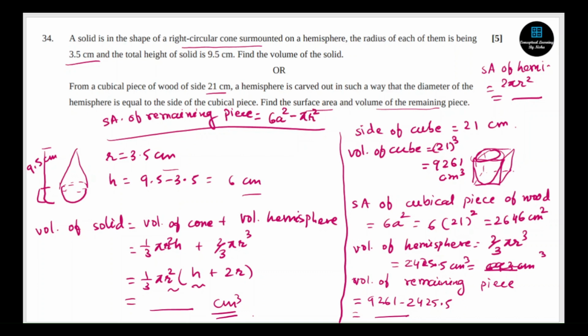I am subtracting the top circle, and then I am adding the CSA of the hemisphere, which is 2 pi r square. So basically you have to find this as pi r square only, right? Once you get that, you can subtract it from the surface area of the cubical piece, which you already found. So just substitute these values, find it out, and write the answer in the comment box. Don't forget to write the unit and the final answer.